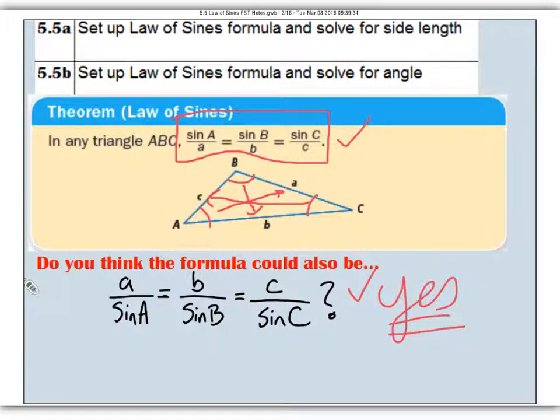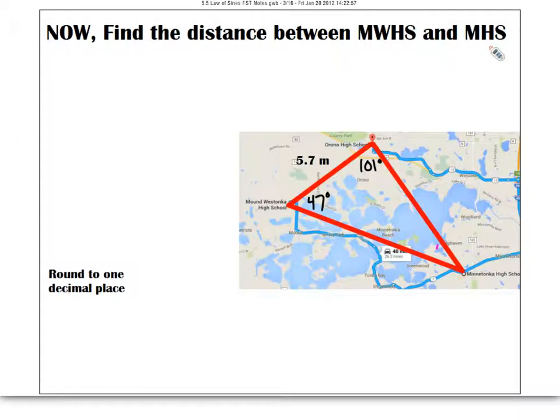So let's go back to our initial question. Right here, let's find that distance between Minnetonka High School and Mound, keeping in mind that we knew this angle right here was 32 degrees. So how the law of sines works is come up with a side length and an angle relationship. So that angle and this side go together.